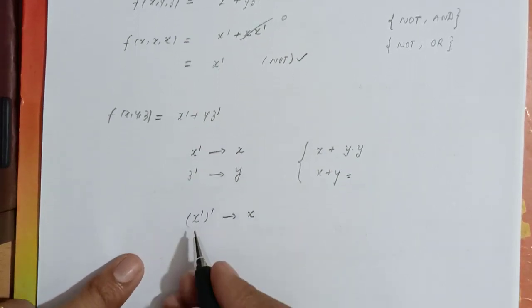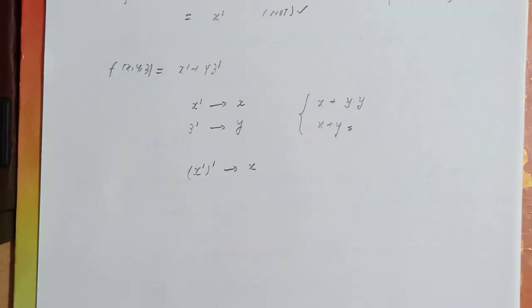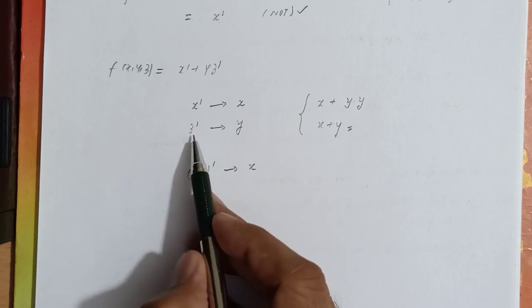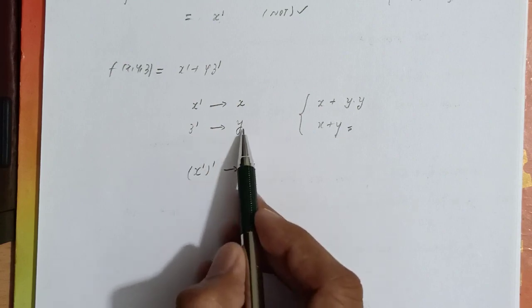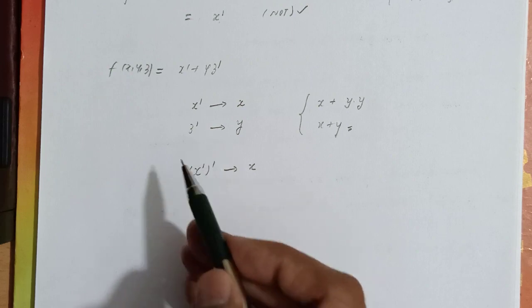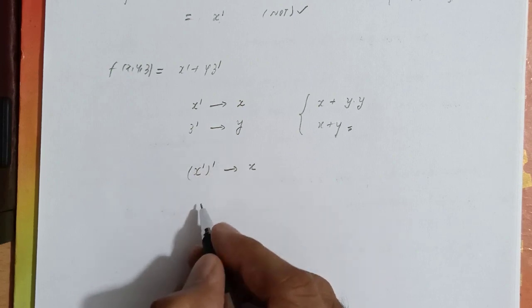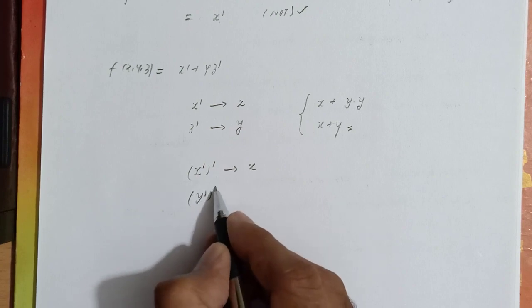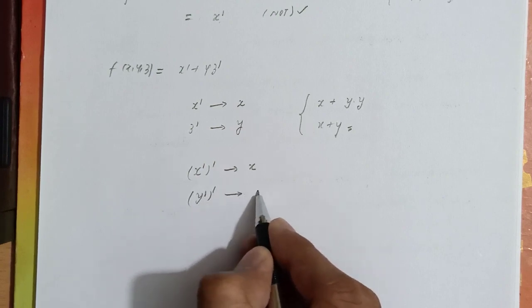Similarly, how can we get y in place of z dash? If in place of z we put y dash, the dash will always give y.